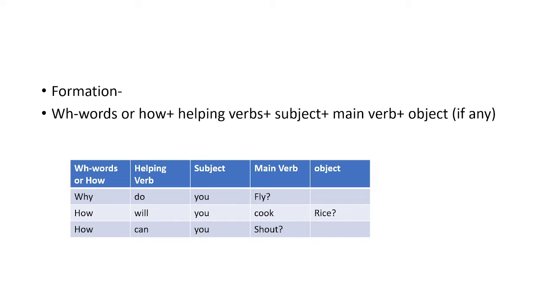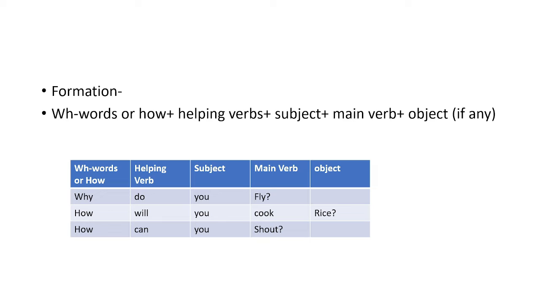Open-ended questions are formed like WH words or how plus helping verb plus subject plus main verb plus object, if any. For example, why do you fly? Here we can say that why is the WH word, do is the helping verb, subject is you and main verb is fly.